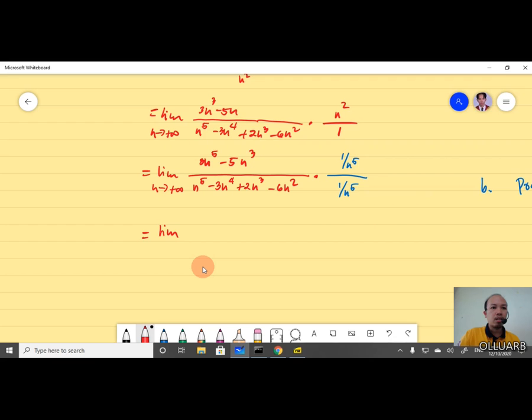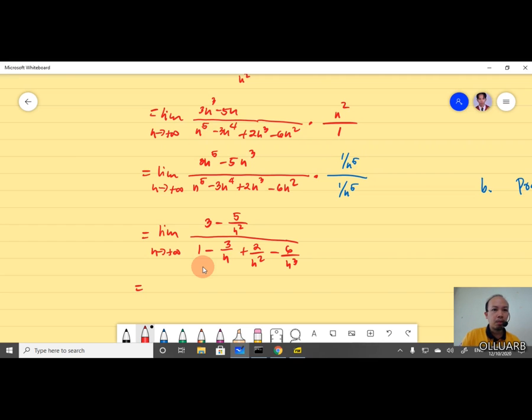So simplify. We have 3 minus 5 over n squared. In the denominator, we have 1 minus 3 over n plus 2 over n squared minus 6 over n cubed, as n approaches positive infinity.